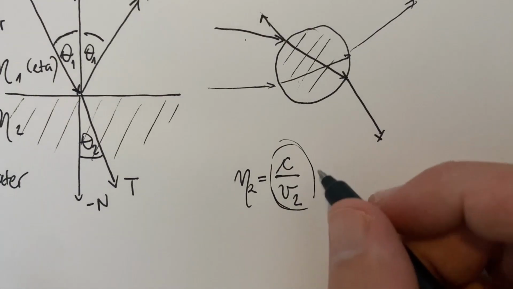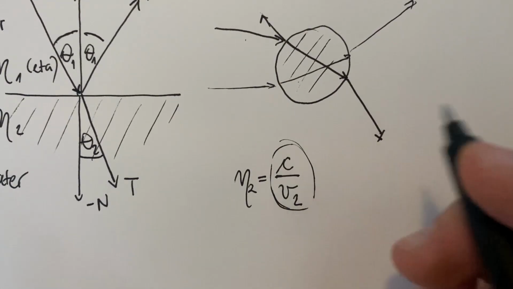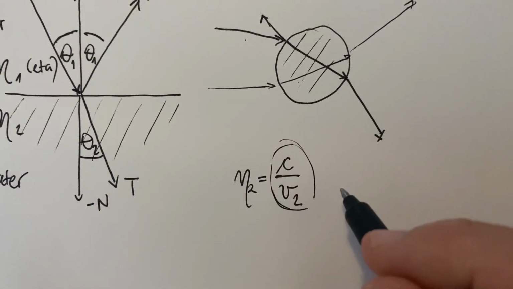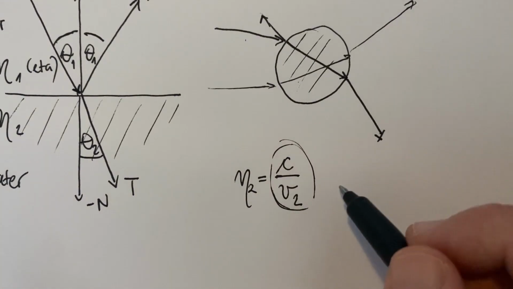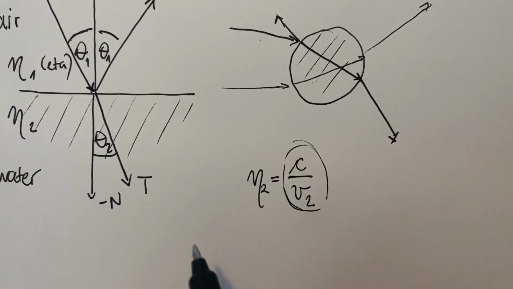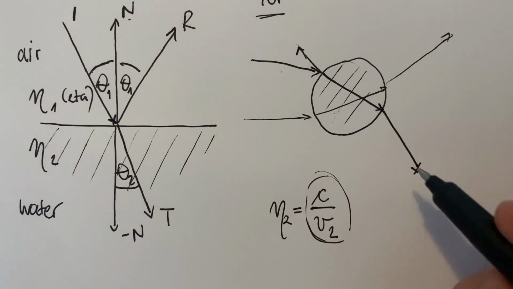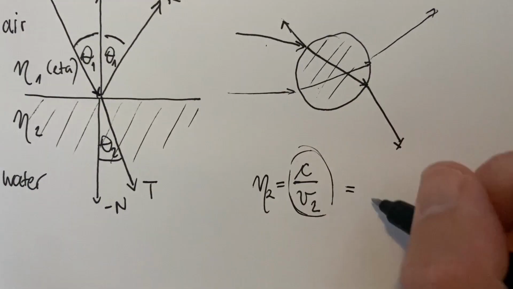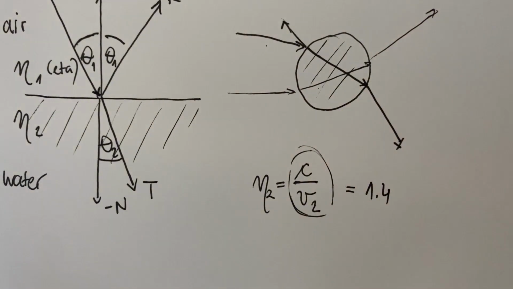If you look it up on the internet, there have been a lot of physical experiments already, and we know the speed of light in water and other major media. For water, the index usually ends up being 1.4 if I'm not mistaken. Let me just quickly check that.